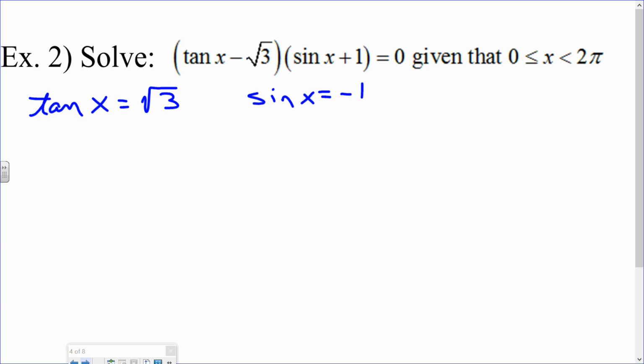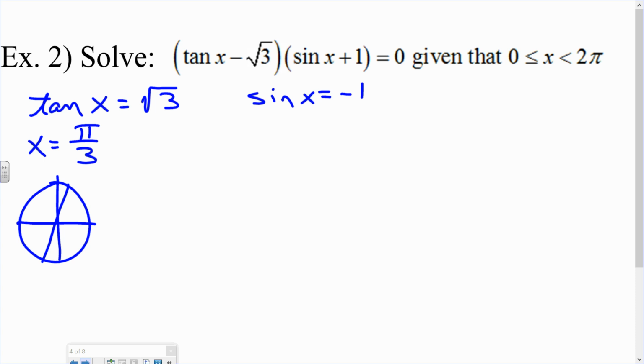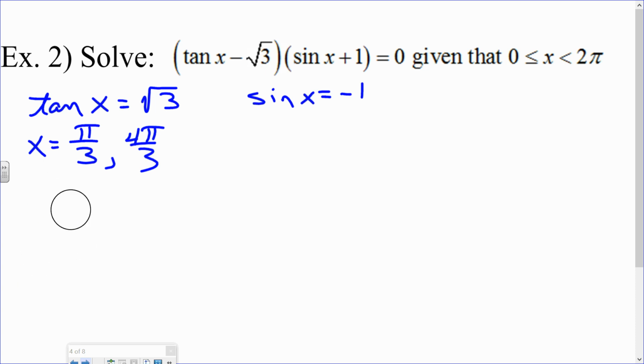Yep, so he did the hard part. X is pi over 3 in the first quadrant. What's the third quadrant one going to be? In radians. 4 pi over 3. 4/3 pi. Everybody okay with those now?